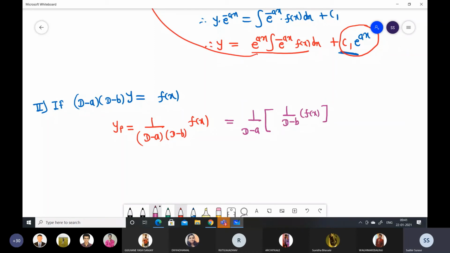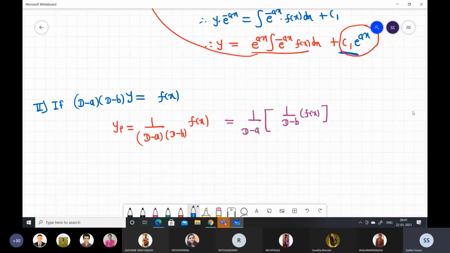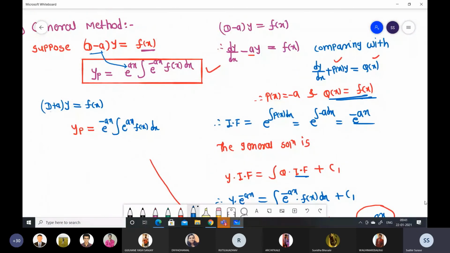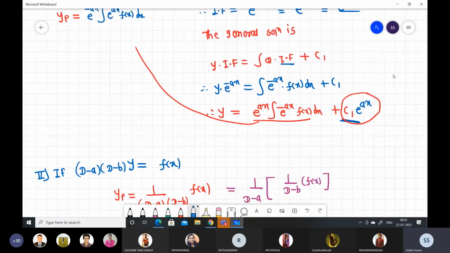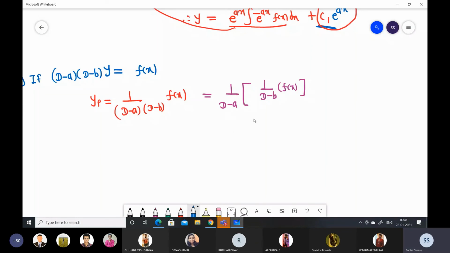Now for this 1 upon d minus b, we earlier got the formula. What is that? If I have d minus a, it will be 1 upon d minus a, so e to the power x inside the integral e to the power negative x f of x dx. So let me apply this formula, but instead of a we have b here. Doesn't matter.